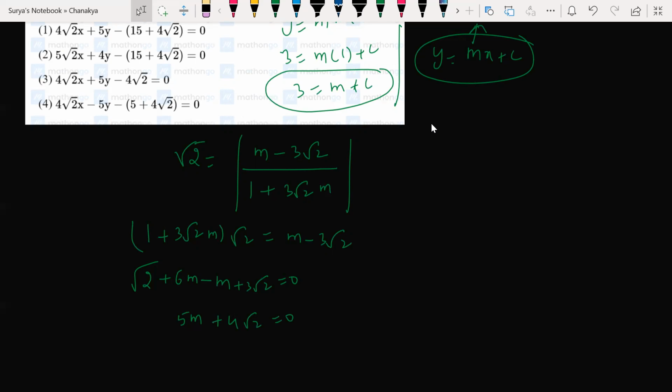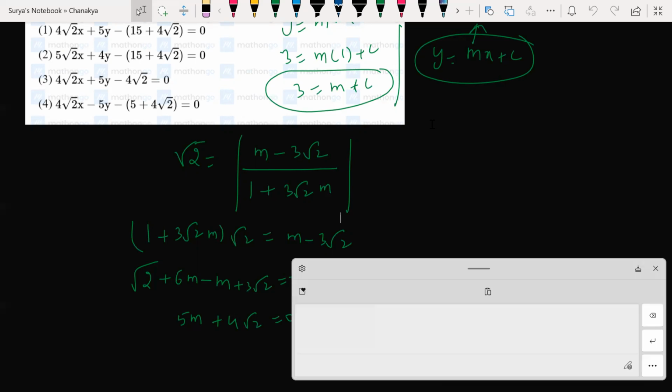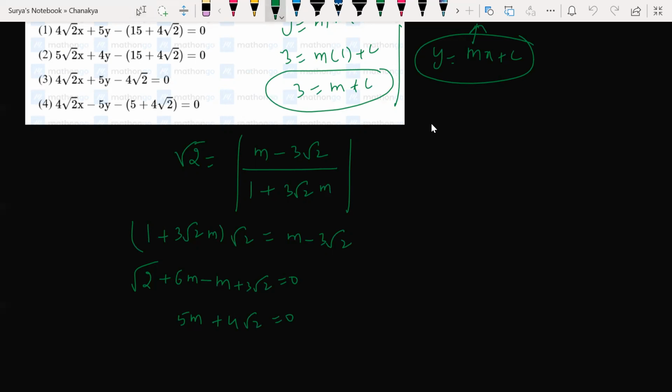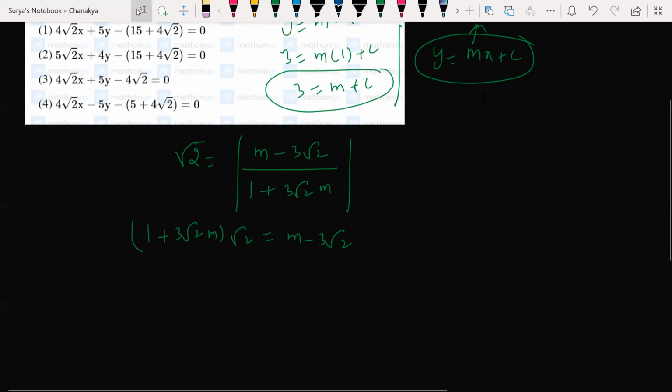Or else you just keep it as it is. Let us simply multiply and leave it. So root 2 plus 6m is equal to m minus 3 root 2. Okay, people? So this is what we got.